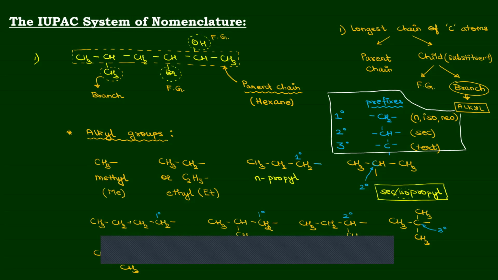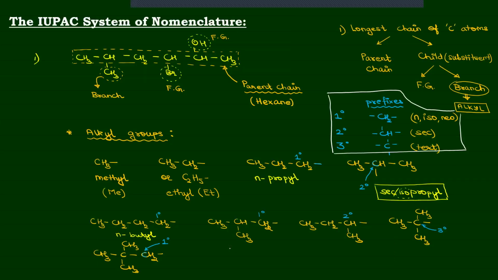Next, these are all butyl variations. The first one is straight chain: n-butyl. Next one is isobutyl; it's a primary and it is a branched chain. Iso basically appears as a T shape, and with four carbons it is called isobutyl.